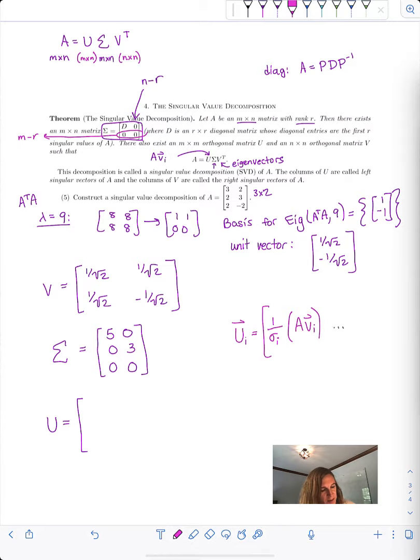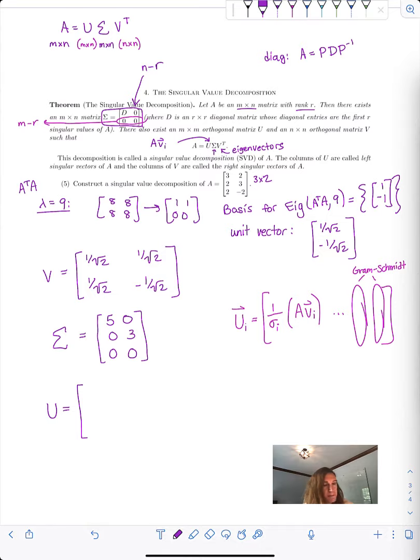And we might also have to fill out some extra columns at the end. Technically we'd use Gram-Schmidt for that. We didn't do that section, so I'm just going to fill that in for you. It's a straightforward computation that you can learn if you need it, but for now we won't include it in our work. So we have this first column corresponding to Av_1 for our lambda equals 25.